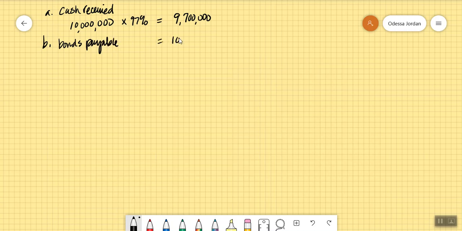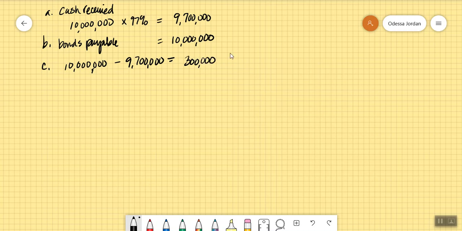And they gave us that. That's the 10 million. That's the stated value of the bond. Then C, we want to determine the difference between the two. So that's the 10 million minus the 9,700,000, and that gives us 300,000.